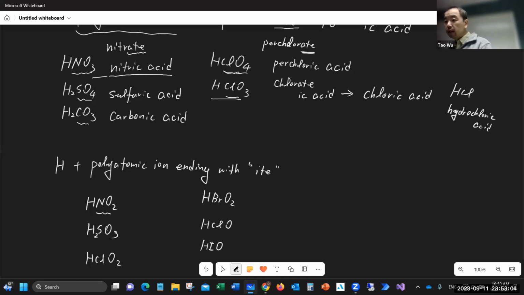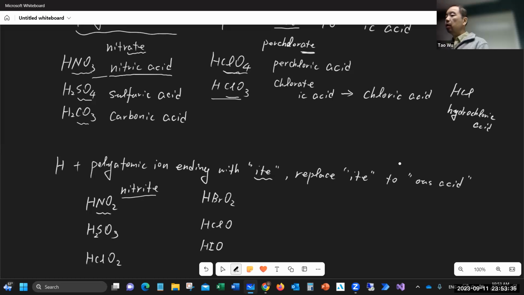And if you look at this, NO2 minus is called nitrite. So if you're looking at this nitrite, you change the ITE. What are we going to do? We're going to replace ITE with OUS acid.